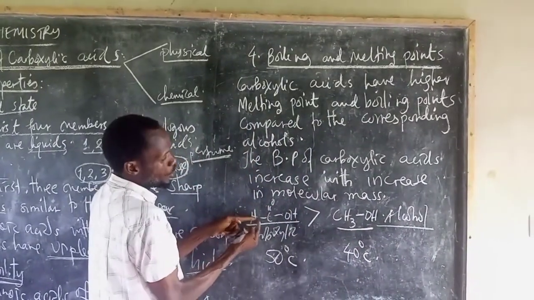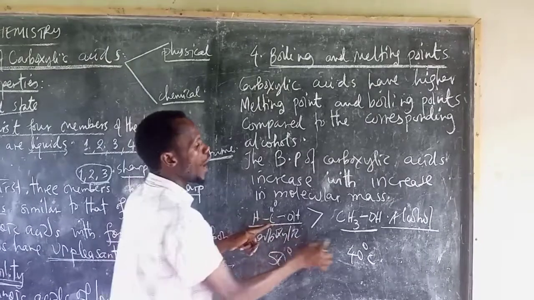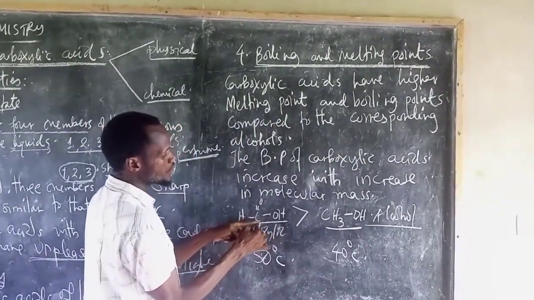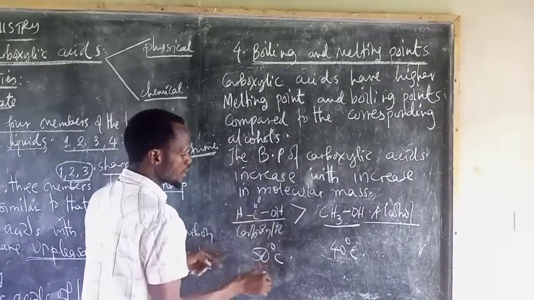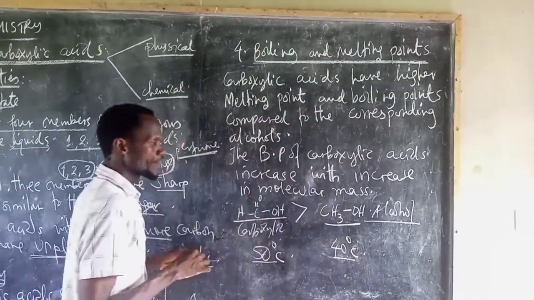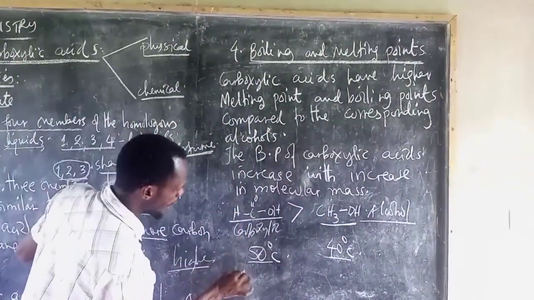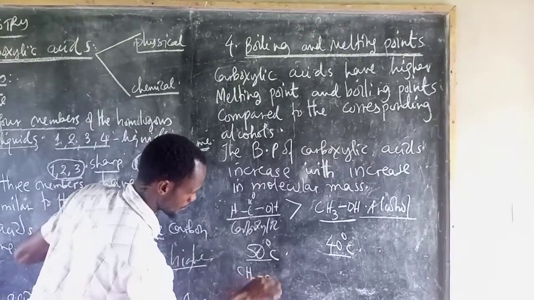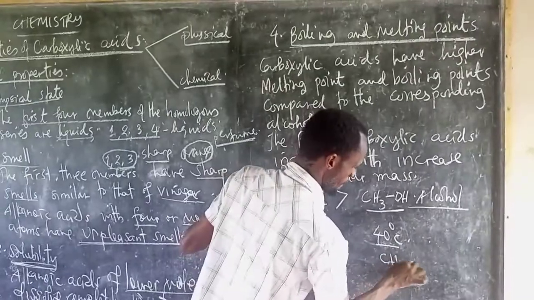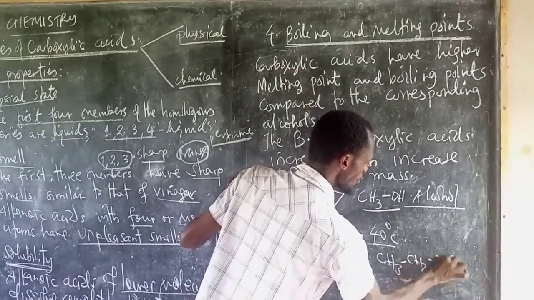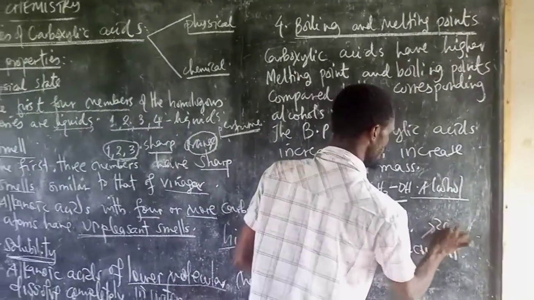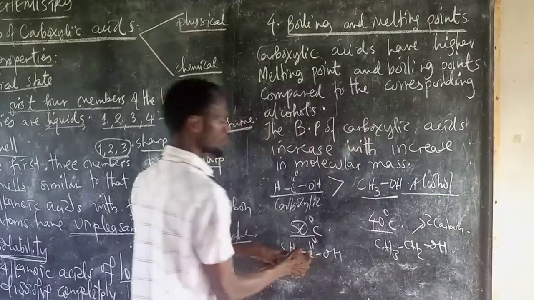Example, if you are talking about an alcohol with one carbon and a carboxylic acid with one carbon, the carboxylic acid must have higher boiling point than the alcohol. The same applies if you are talking about ethanoic acid and ethanol. Both of them have got two carbons.